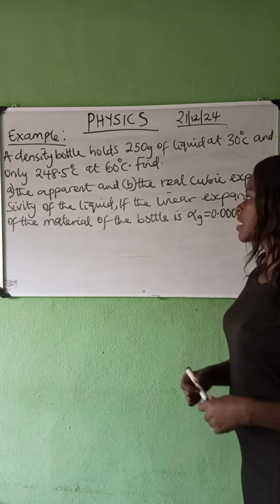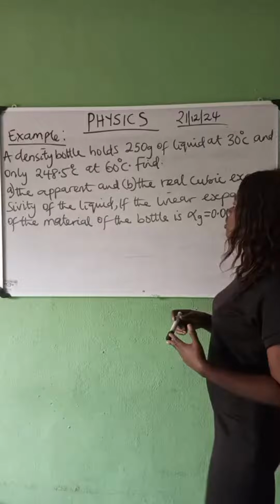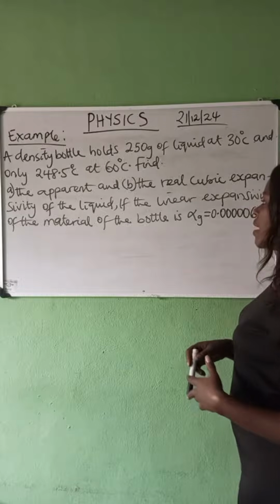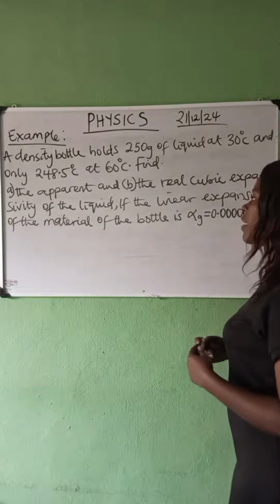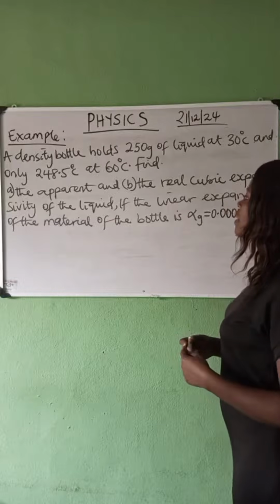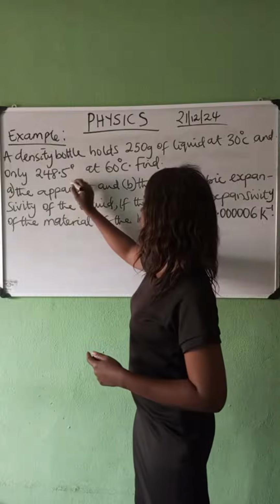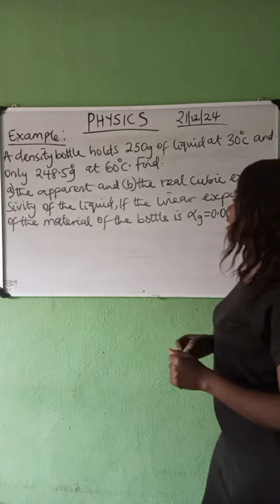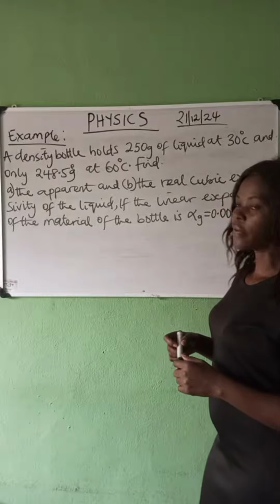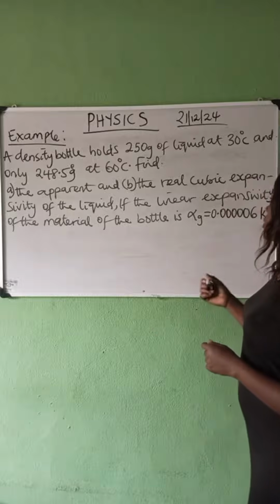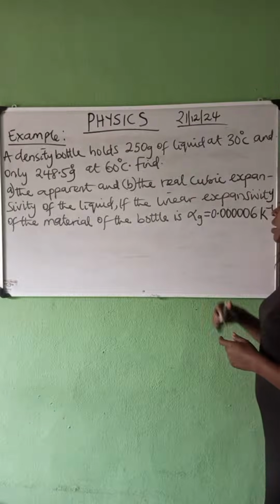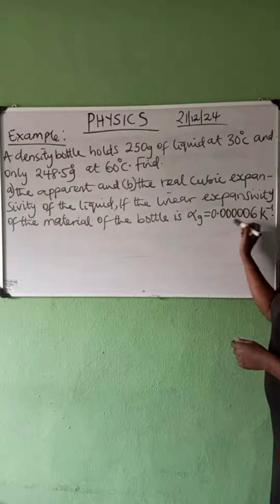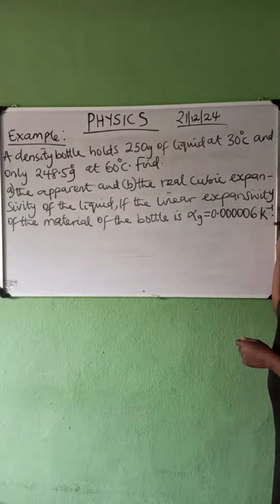The question says a density bottle holds 250 grams of liquid at 30 degrees C and only 248.5 grams at 60 degrees C. Find A, the apparent cubic expansivity, and B, the real cubic expansivity of the liquid, if the linear expansivity of the material of the bottle is 0.000006 per Kelvin.